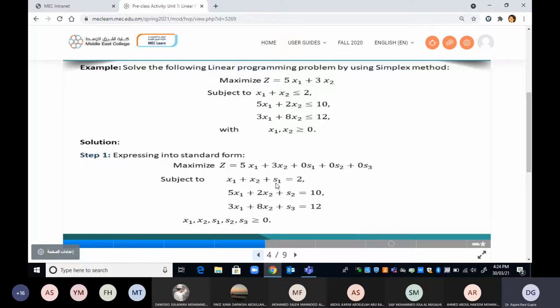So let me look for an easier example where you can understand the question correctly. Okay, let me pick any example randomly.